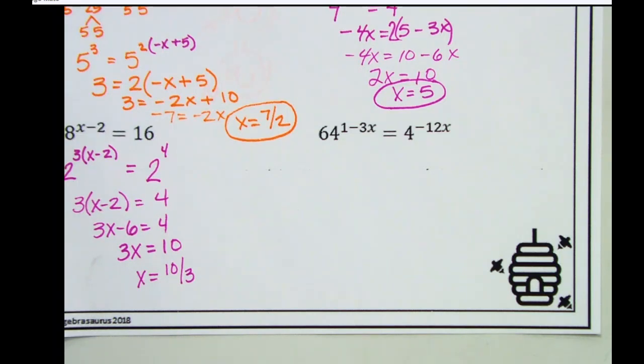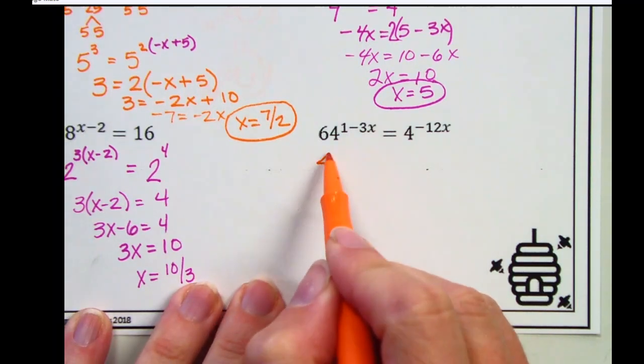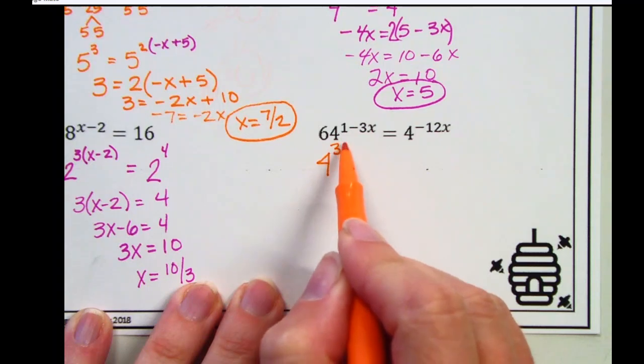What base are you using? 2? Does anybody use 4? All right. They both work, right? We can say 64 is 4 to the 3rd.